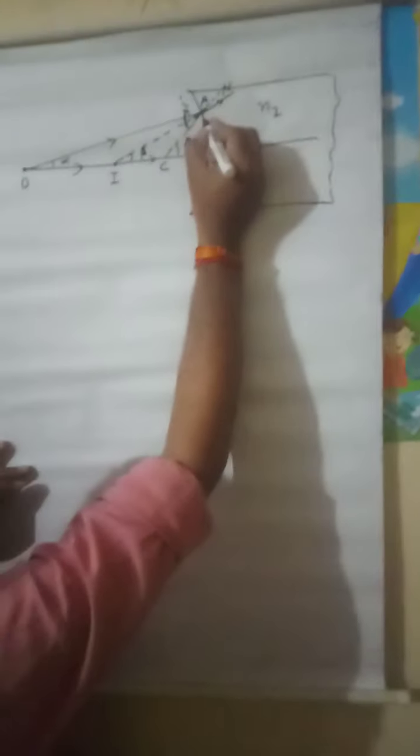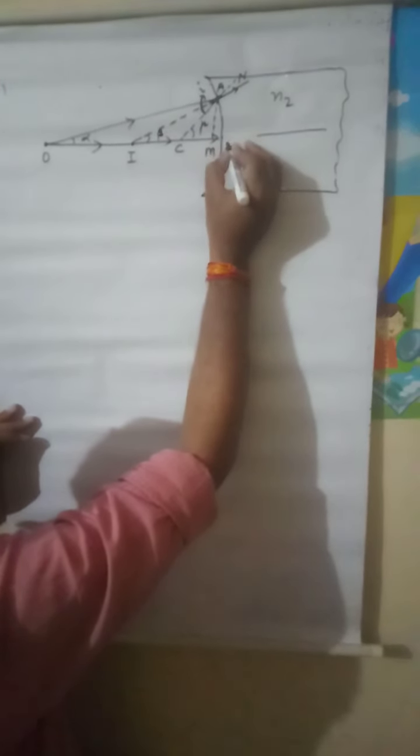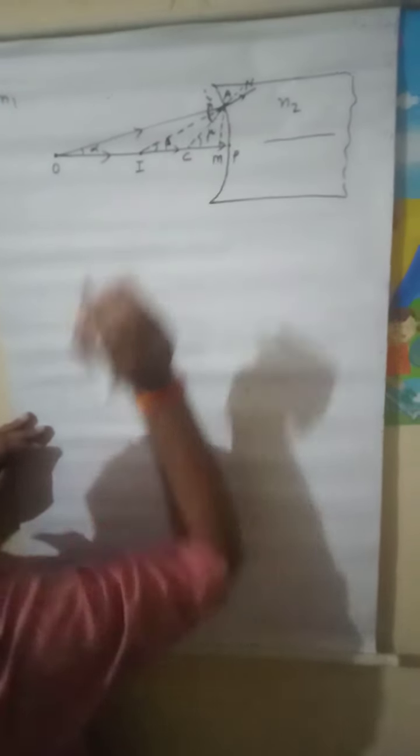Now angle O is alpha, angle I is beta, angle C is gamma. Now draw a perpendicular AM on the principal axis.